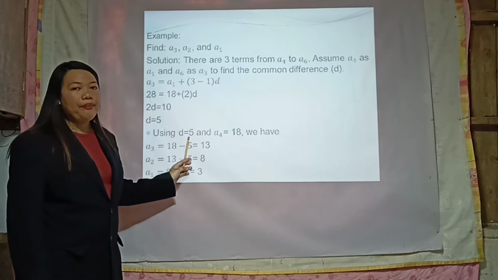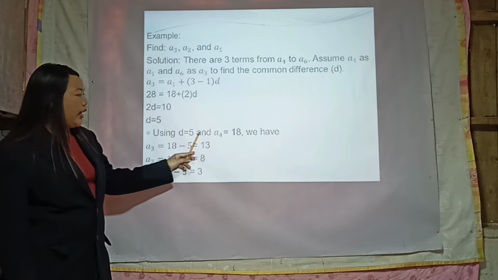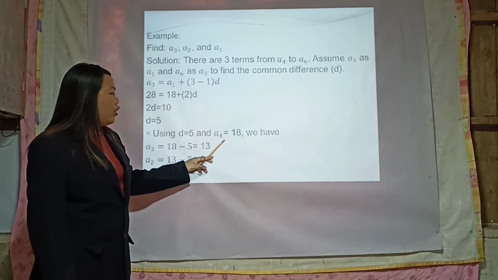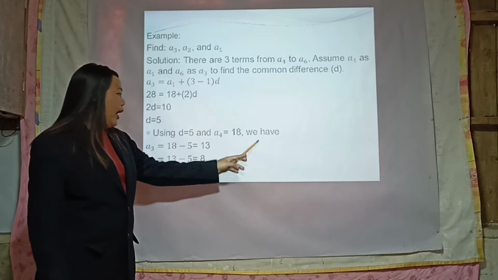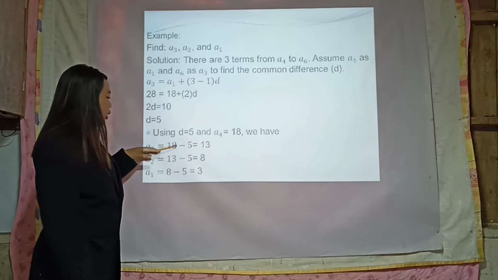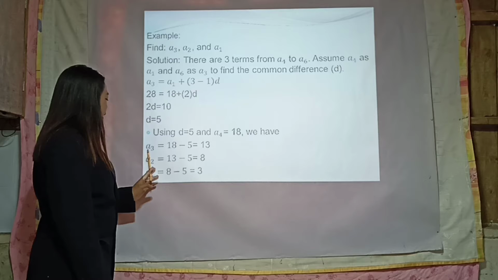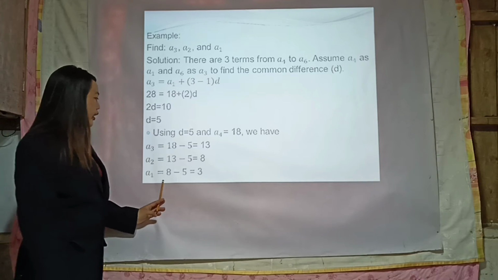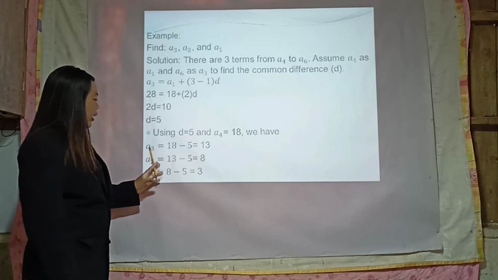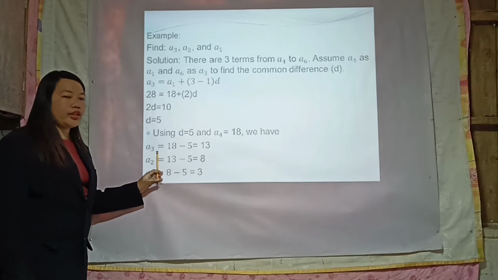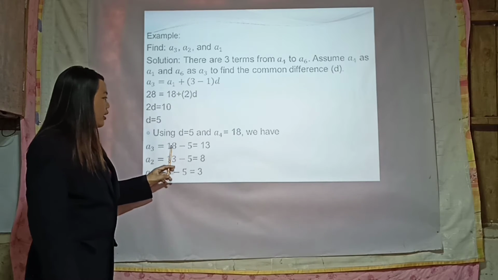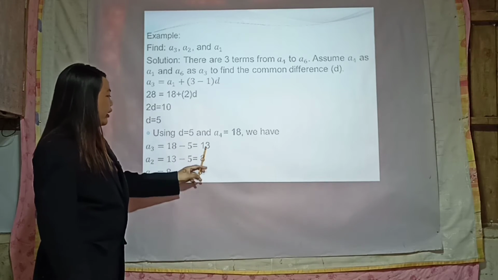So using the common difference and a sub 4 equal to 18, we will now know how to find the third term, second term, and the first term. In finding the third term, a sub 3 is equal to 18 minus 5, which is 13.